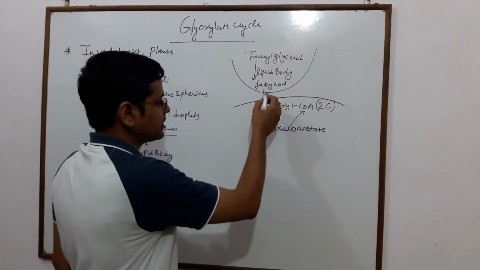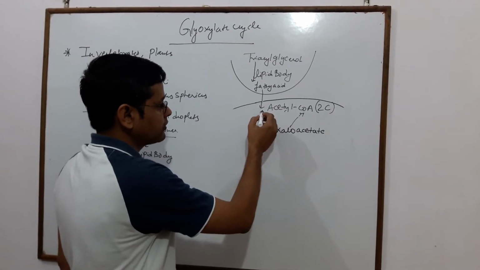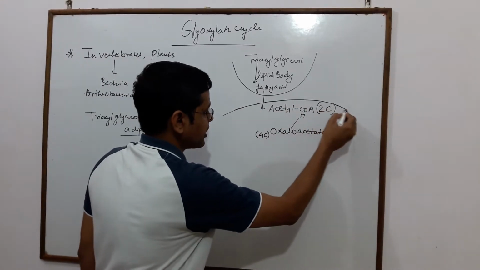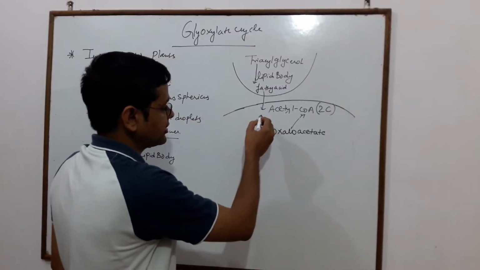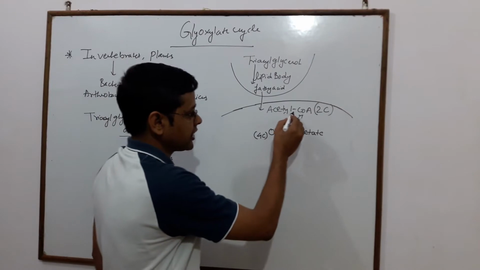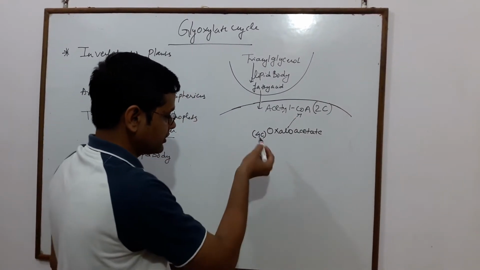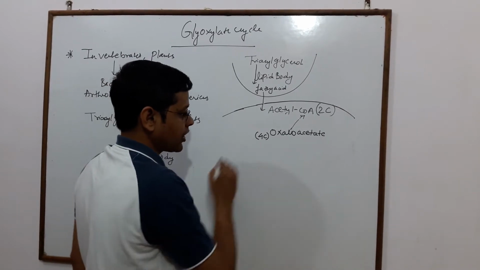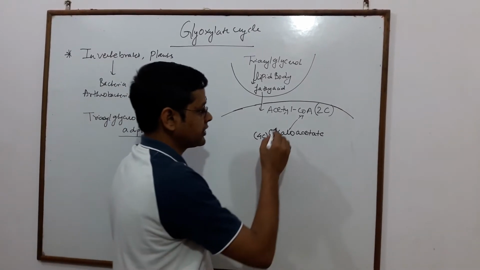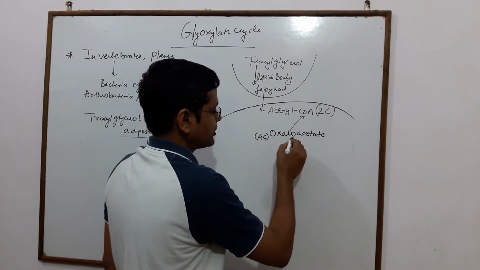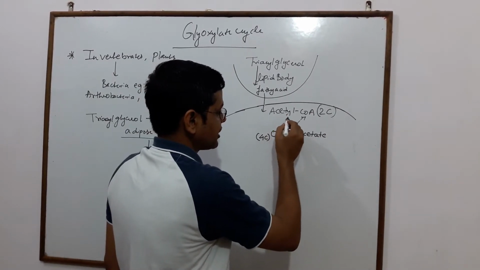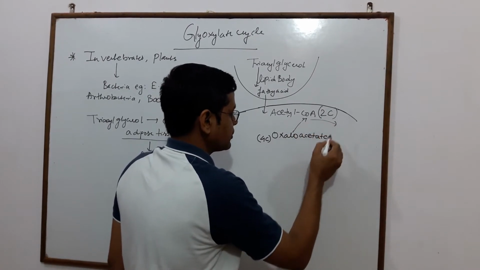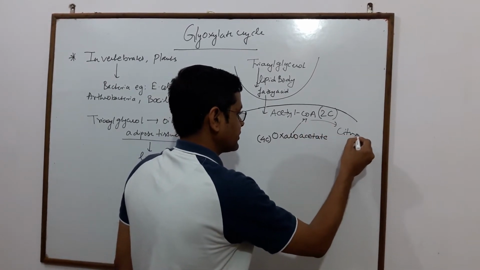This fatty acid is oxidized in the glyoxysome compartment into acetyl coenzyme A, and in this compartment oxaloacetate is already present, which is a 4-carbon organic compound. This 4-carbon oxaloacetate combines with acetyl coenzyme A to form a new compound called citrate.